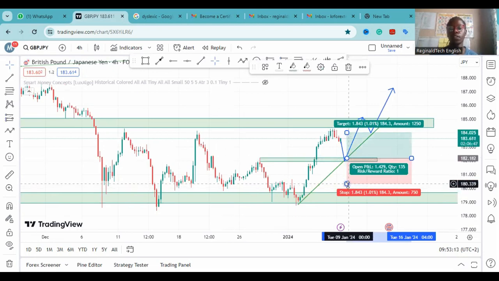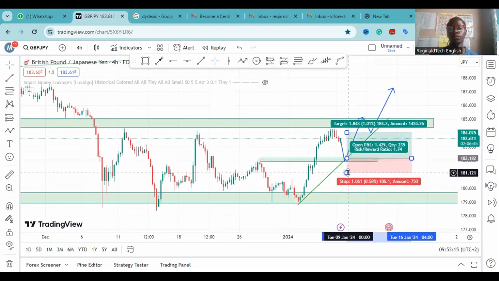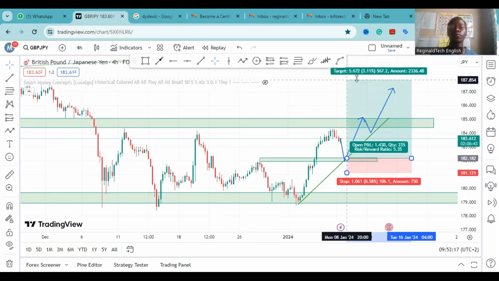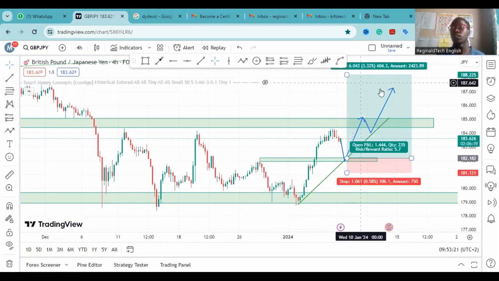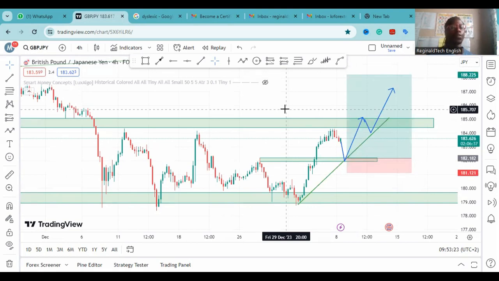So this is our stop loss, and this is our risk reward ratio. We ensure that we execute accordingly and according to the risk reward ratio, so that we may gain more than we can lose. Remember that you risk 1% of your account in order to gain 3% of the account.